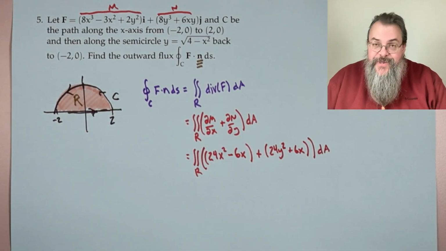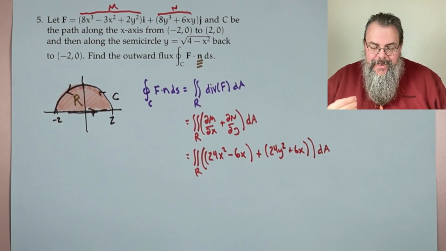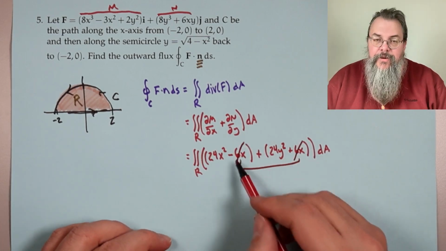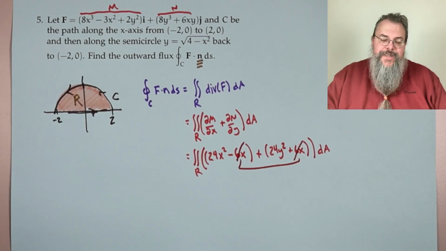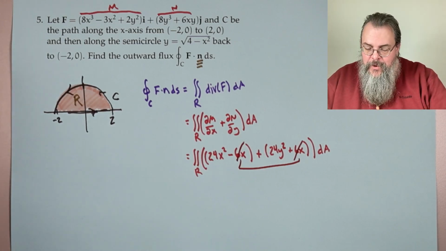Now, some good news for us. Things were planned so that at least a little bit of niceness happens. Maybe a lot of niceness happens. But notice the 6x's cancel. Good, good.